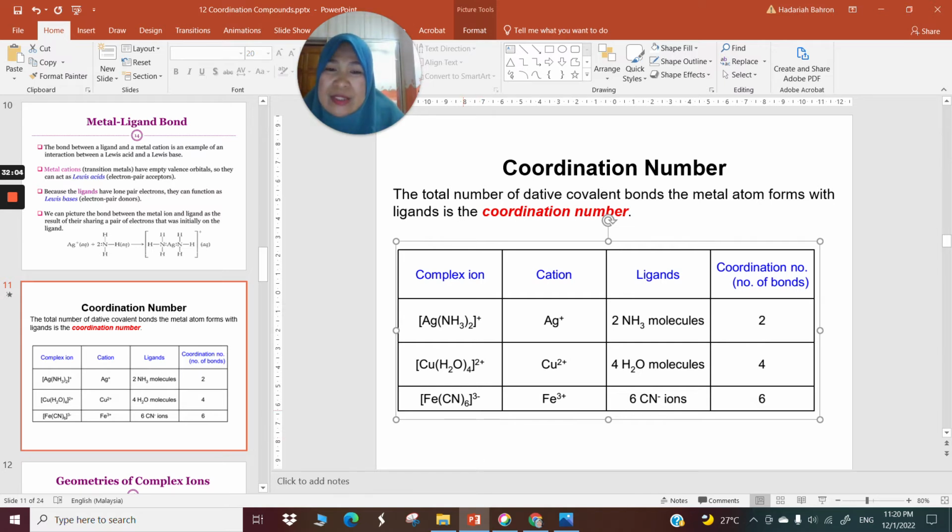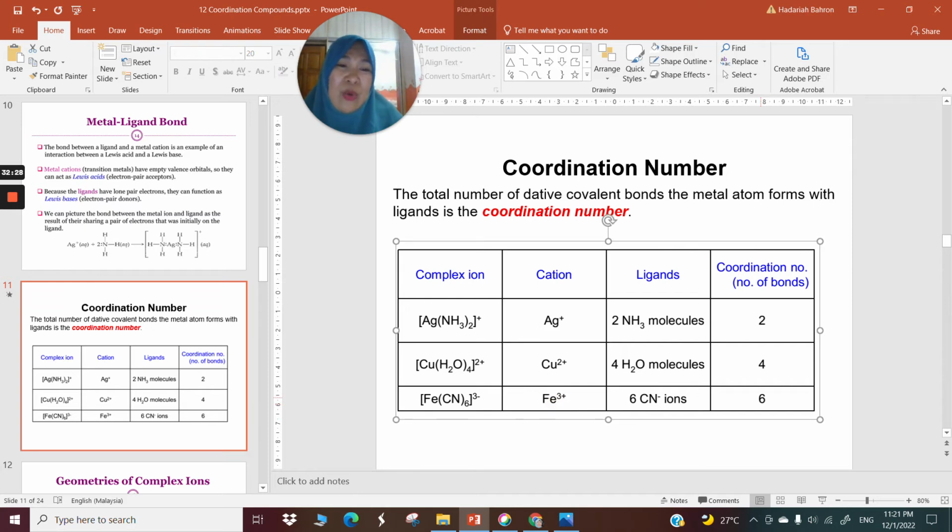So 6 of them is -6. So if CN is -6, Fe you do not know, so you say it's X. And the whole thing carries with it 3-, so X minus 6 is equal to -3, so X is equal to 3+. So your iron here has an oxidation number of 3+.